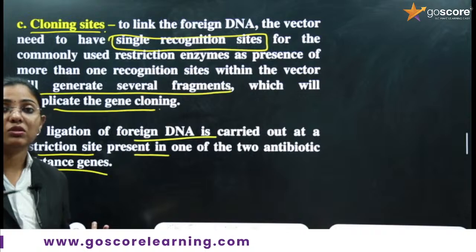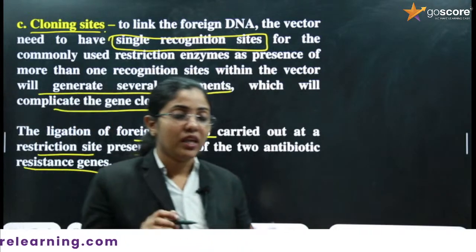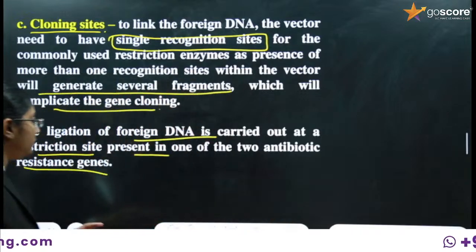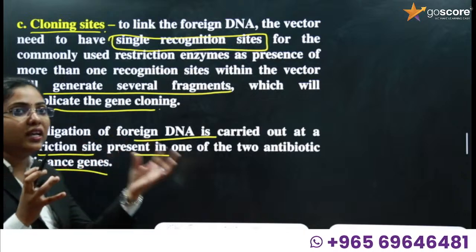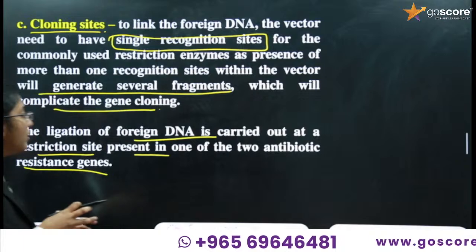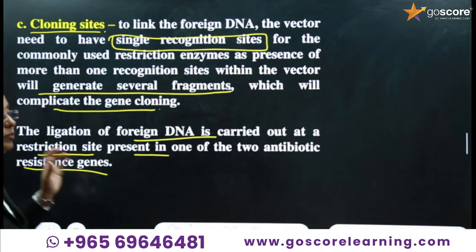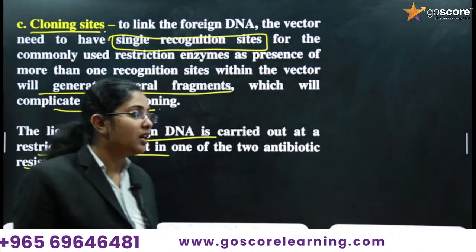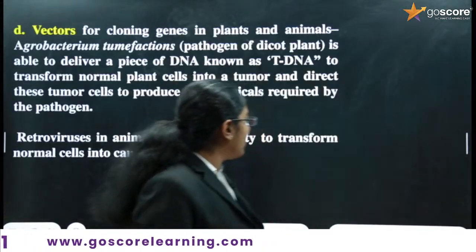All these are genes present in the bacterial body. That also you have to keep in mind. The foreign DNA has to be ligated in the cloning site, right? That cloning ligation can be done with a restriction site which is present in between the two antibiotic resistant genes. So that's all about the cloning site.